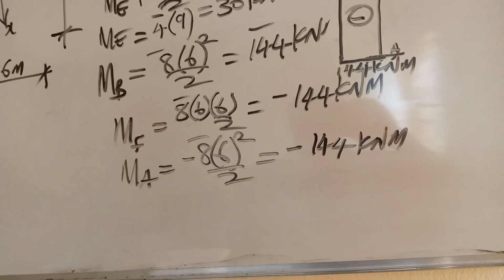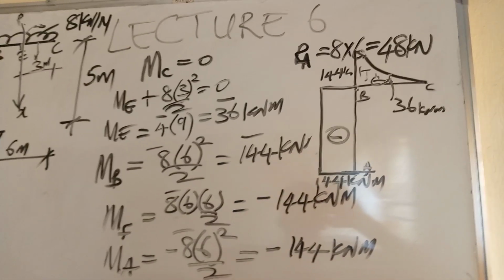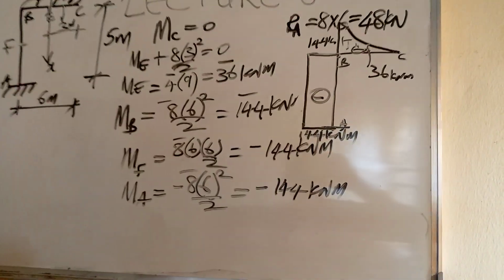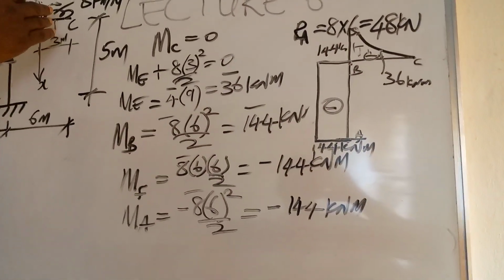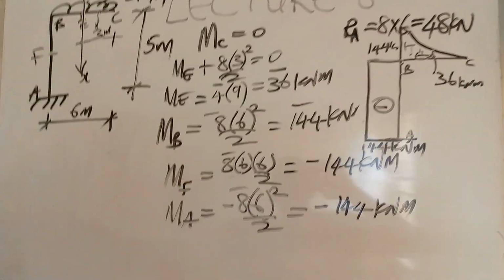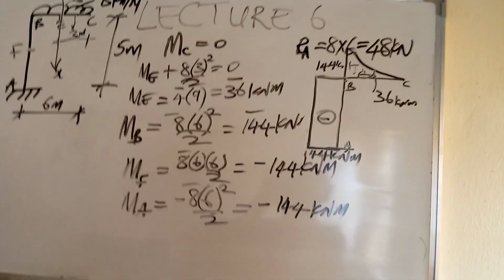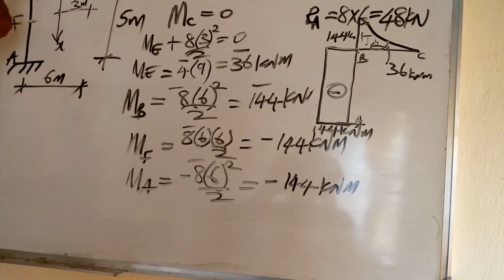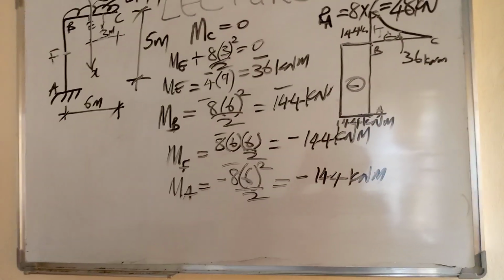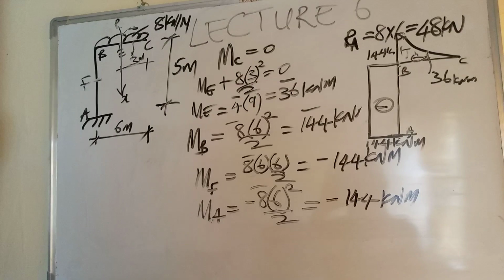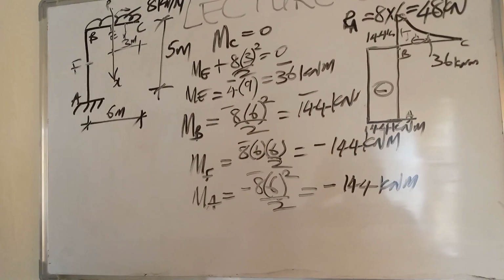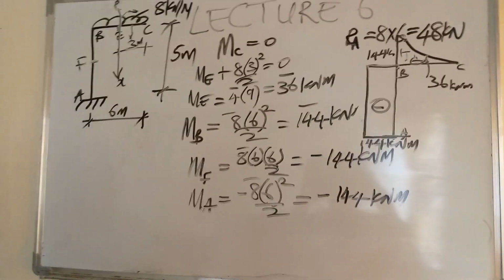Now, if I want to calculate shear force, here the shear force starts from C. That means the shear force at C is 0. The shear force at B is 8, that's the total force, 8 times 6, that's 48.